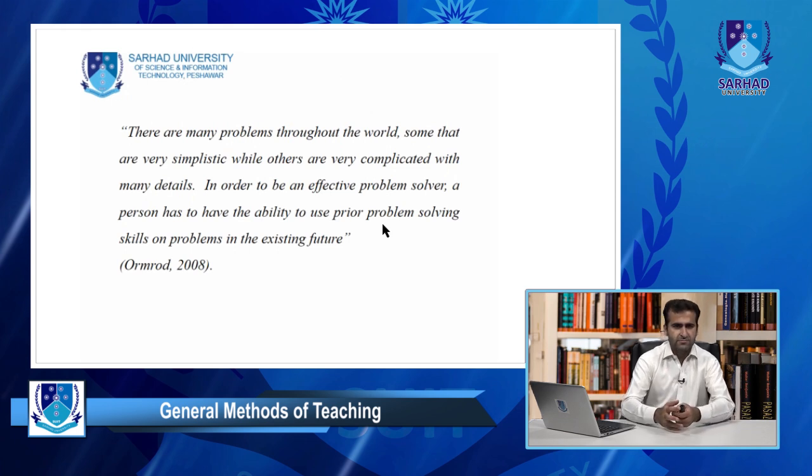There is a researcher whose name is Armrod. In 2008, that person gave a statement that there are many problems throughout the world, some that are very simplistic while others are very complicated with many details.